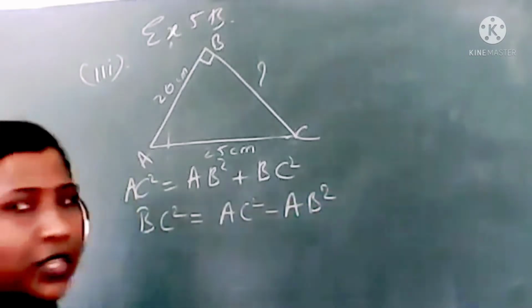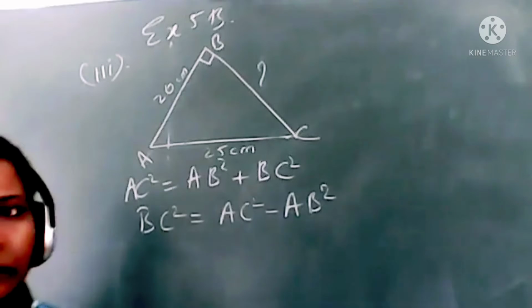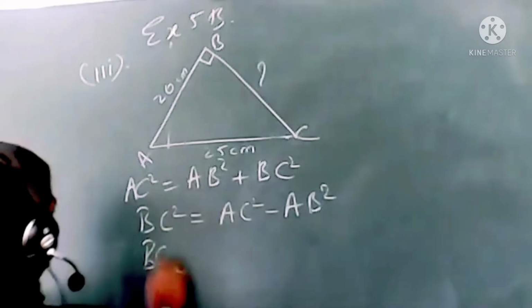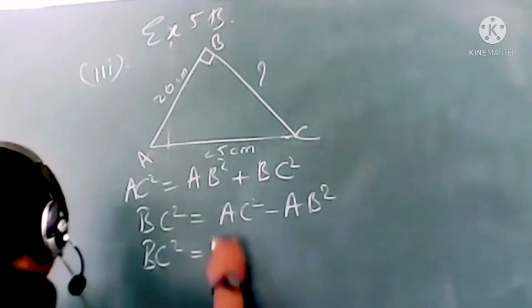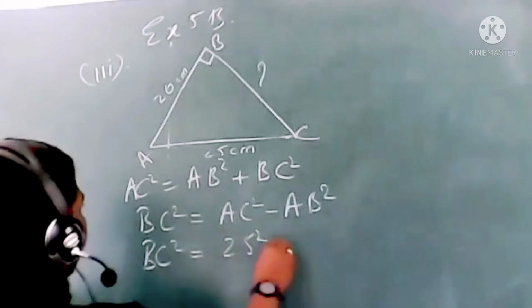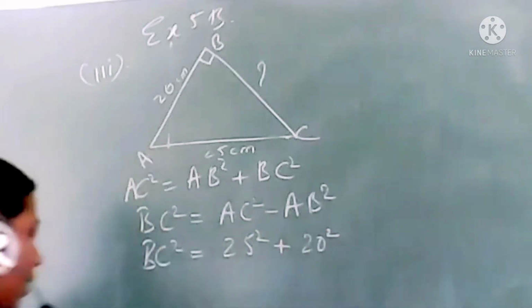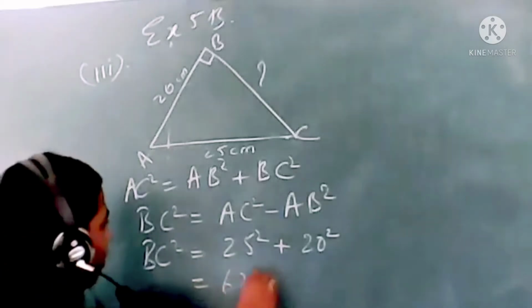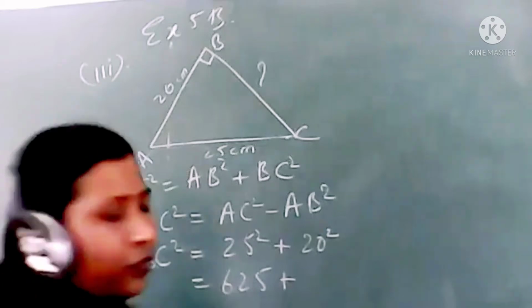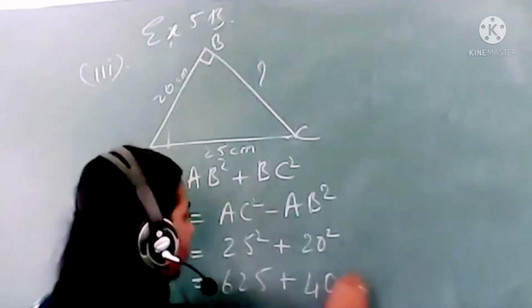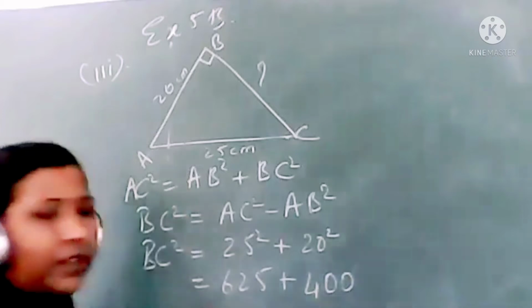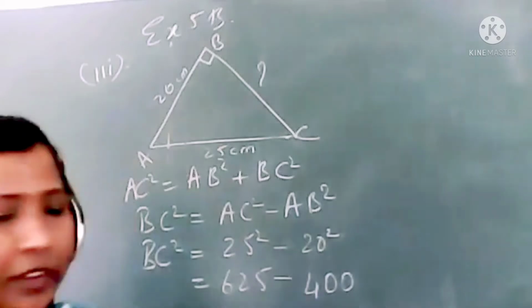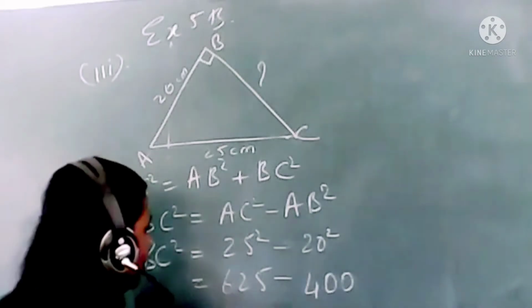So BC square is 25 square minus 20 square. 25 into 25 is 625, and 20 square is 400. Oh sorry, we are doing minus here. So 625 minus 400 is 225.